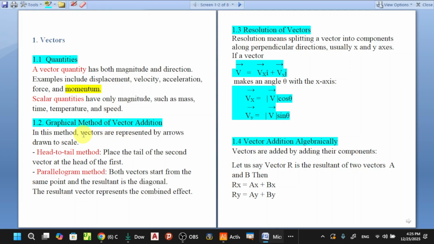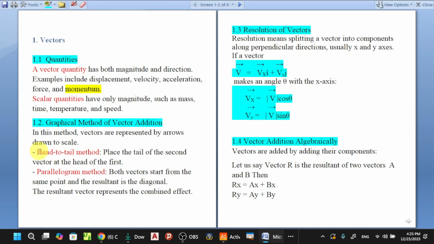The other thing we are going to see is the graphical method of vector addition. There are two methods in the graphical method of vector addition. The first one is the head-to-tail method.